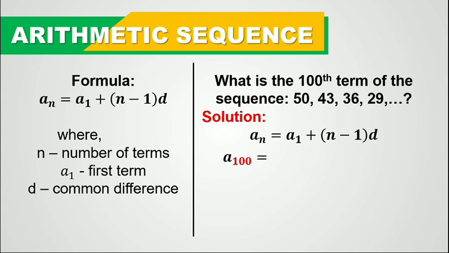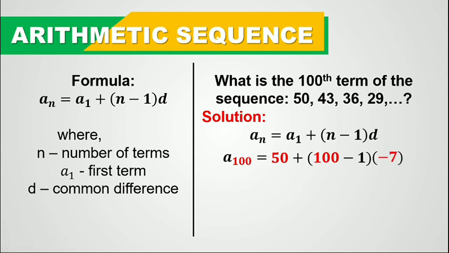And then a sub 1 is 50, plus 100 minus 1, times the common difference. For the common difference, 50 becomes 43, becomes 36, becomes 29, so you just subtract them. 29 minus 36, that's negative 7. 36 minus 43, that's negative 7. 43 minus 50, that's negative 7. So the common difference is negative 7.